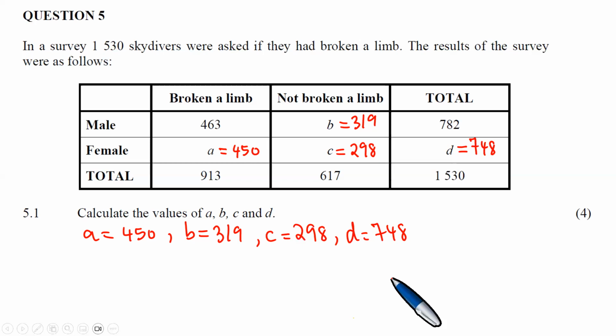This gives us the answers we need. What was the question? Calculate the values of A, B, C, and D. We found A, B, C, and D. So we're done with 5.1. Think about whether you understand or not and ask questions.